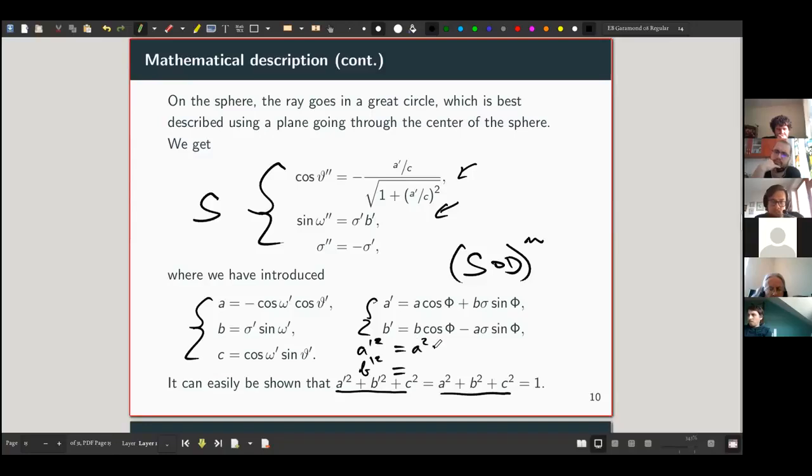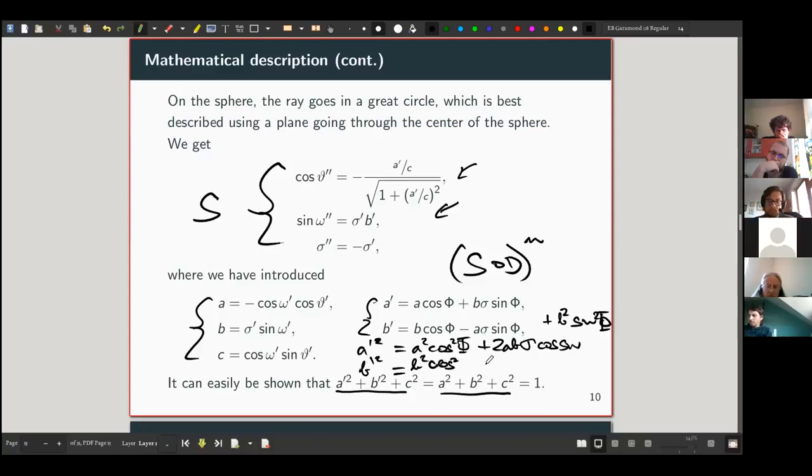So if we do that, okay, I can't fit it in here, but b squared sigma squared, since sigma is only plus or minus 1, I can just drop that, sigma squared, and here's the sign, and in here we have b squared cosine squared minus this whole thing, and plus a squared sine squared.